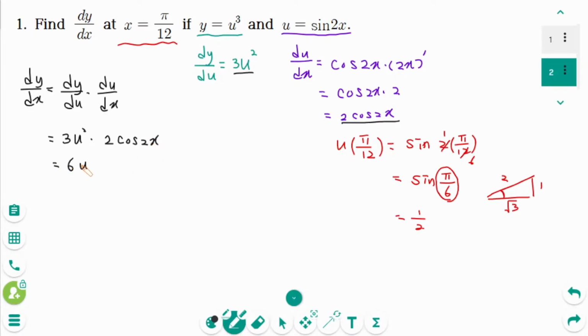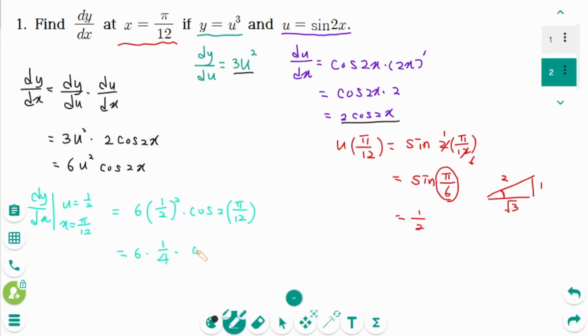So 6u squared cosine 2x. dy dx when x equals pi over 12, u equals 1 over 2, equals 6 times u squared times cosine 2x, which is pi over 12, equals 6 times 1 over 4 times cosine pi over 6, which is 2 and 3.